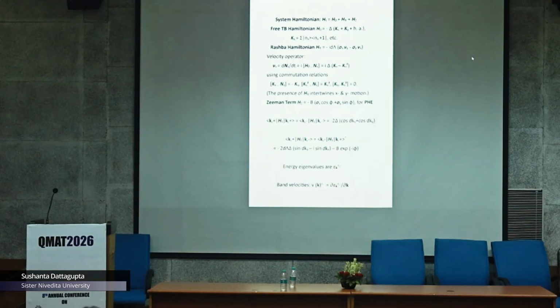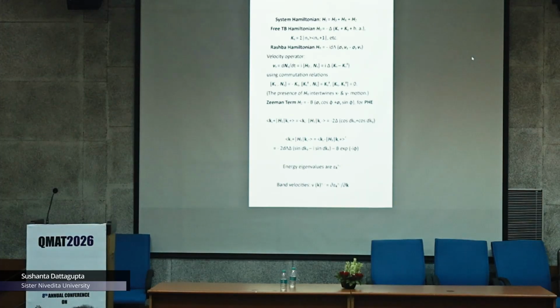It is easy to actually diagonalize the system Hamiltonian because all that happens is that, you see, in k space it is very simple. You have a tight binding model. But the presence of the magnetic field and also the spintronic effect actually makes it a two-state system.